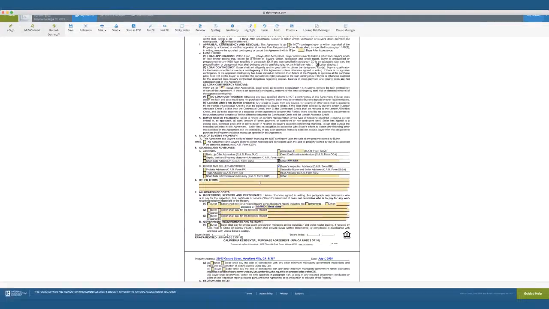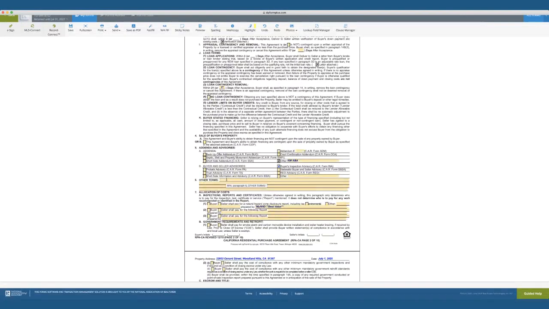Other terms. What are other terms? If you're buying personal property, you may want to put that in here. If you, as a real estate agent, are buying this, you have to say that buyer is a licensed real estate agent, or if you're representing your sister or your mother or any of that, that would need to be disclosed, that you're related.